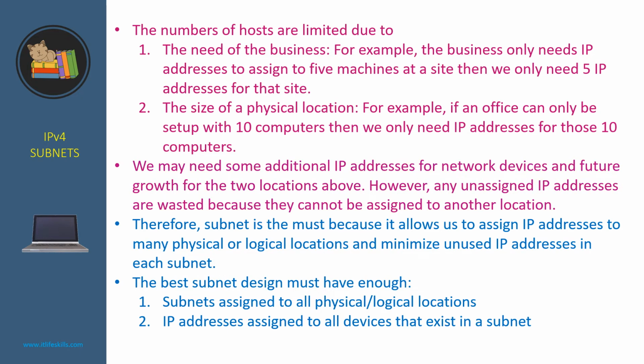We may need some additional IP addresses for network devices and future growth for the 2 locations in the examples above. However, any unassigned IP addresses are wasted because they cannot be assigned to another location.